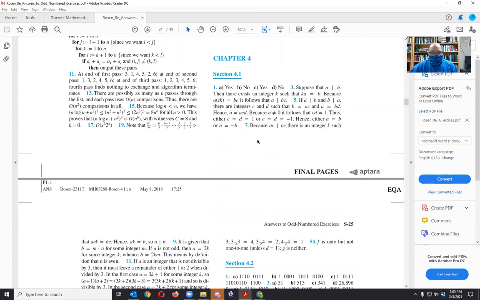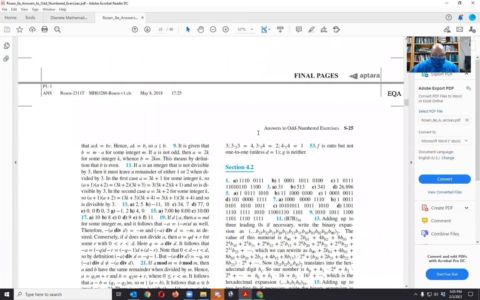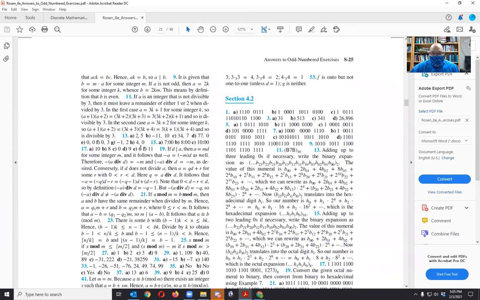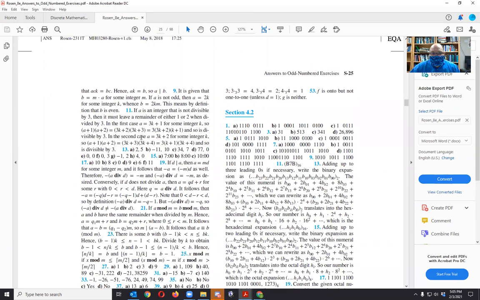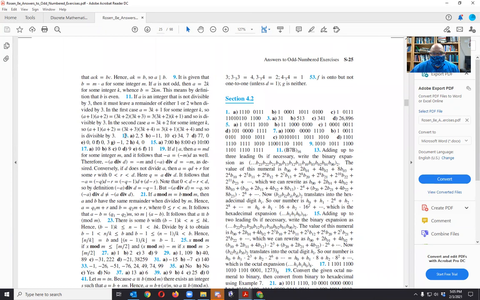Okay, so 4.1, that's going to be question 13. The quotient is 2, so 7 times 2 is going to give us 14, and then the remainder is going to be 5. So that does make sense.